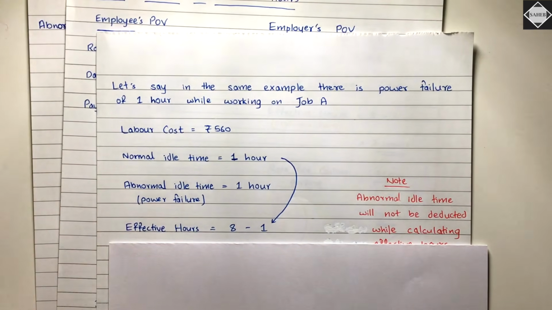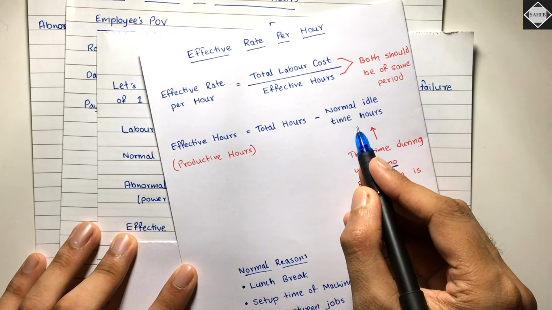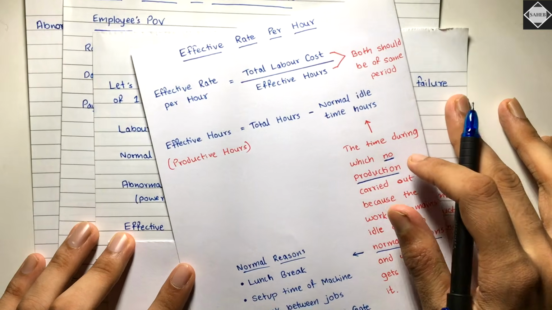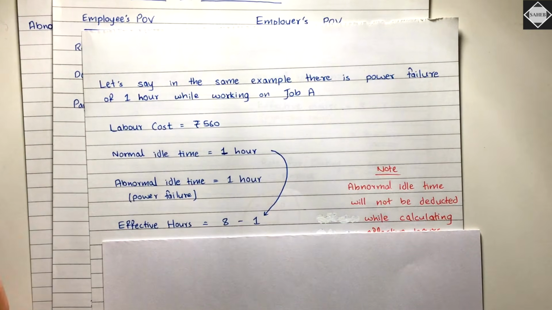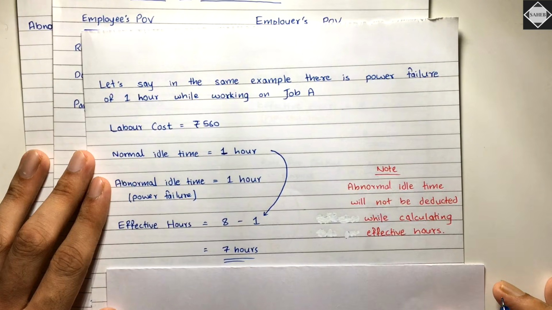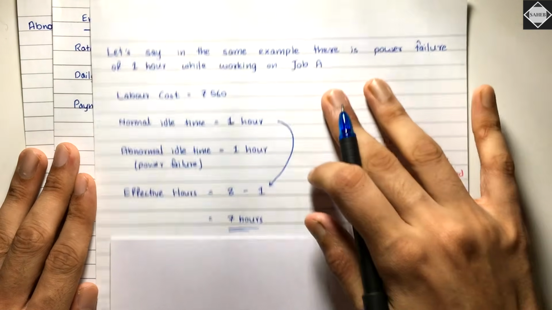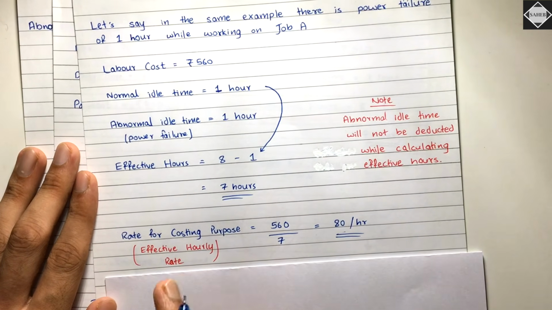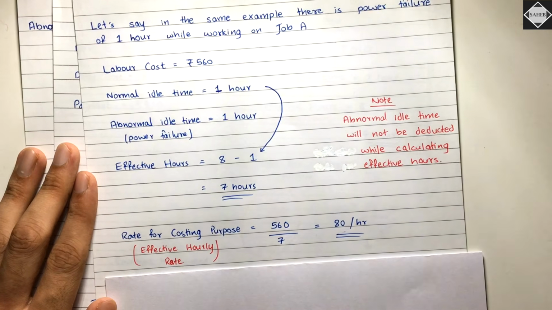The same way. The formula is total hours minus normal idle time hours. You will not deduct the abnormal hours. Just the normal. So 8 minus 1 equals 7 hours. It's still 7 hours only. You understand that? And then the rate for costing purpose, we call it the effective cost per hour or effective hour rate.